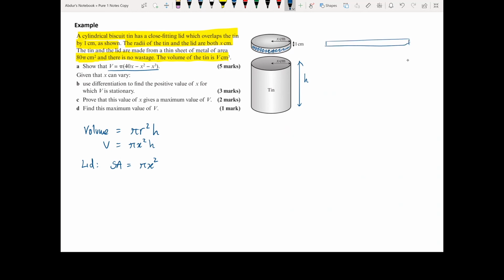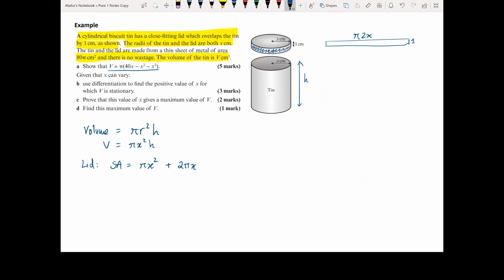And that length along the top will be the circumference, which will be pi times diameter, which is 2x. So that's our circumference, pi times 2x. And that length here was 1. So the area there is pi 2x times 1, which is just 2 pi x. So that's the lid surface area.